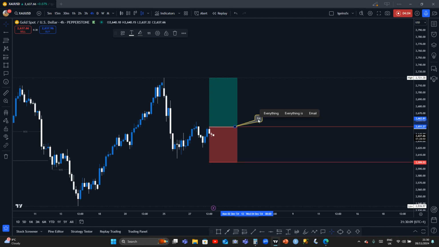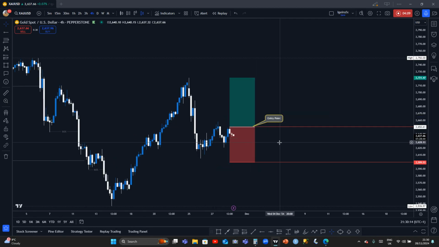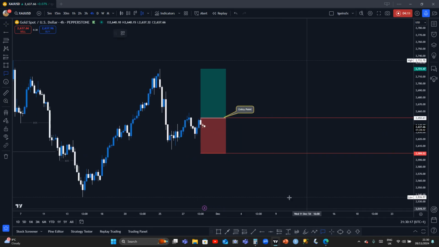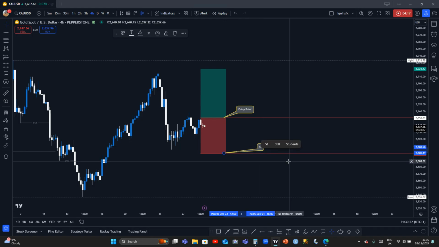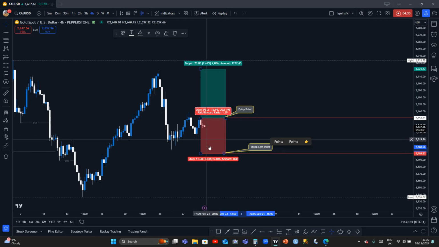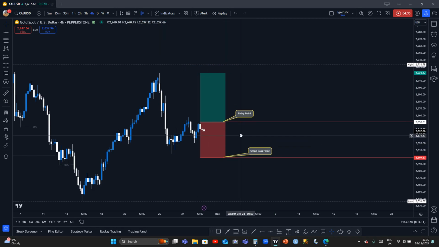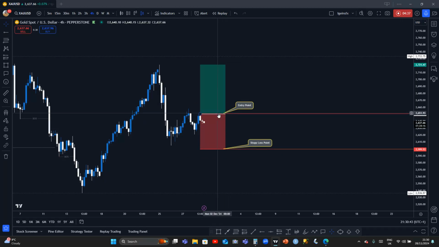This is where you put your stop loss. Between your entry point and your stop loss point is what determines the lot size you are going to use, because this is your risk.